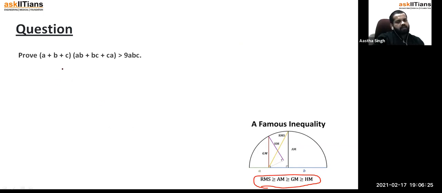(A plus B plus C) multiplied by (AB plus BC plus CA) is greater than or equal to 9ABC. Try to solve this question, guys.